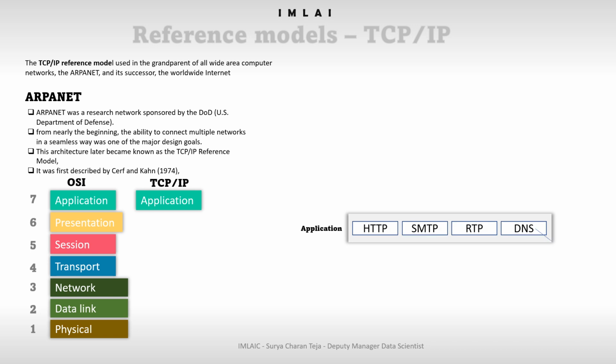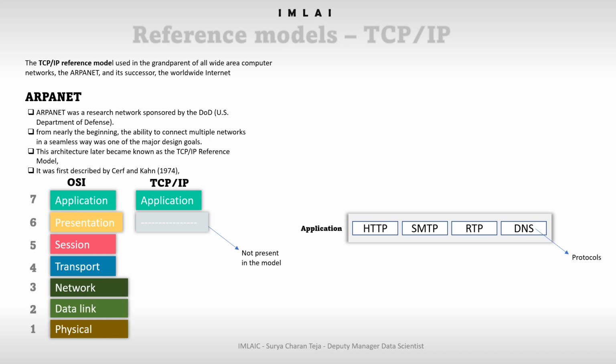Instead, applications simply include any session and presentation functions that they require. Experience with the OSI model has proven this view correct. These layers are of little use to most applications.